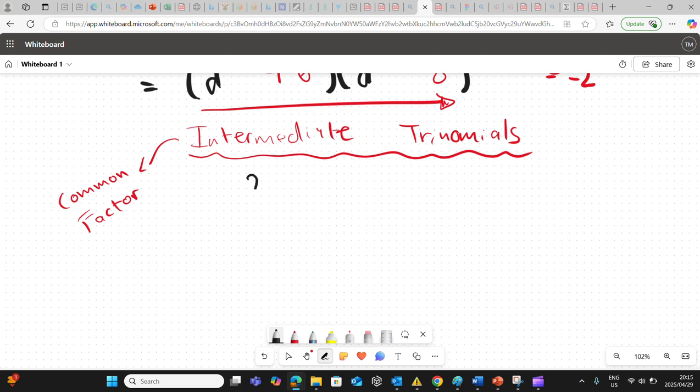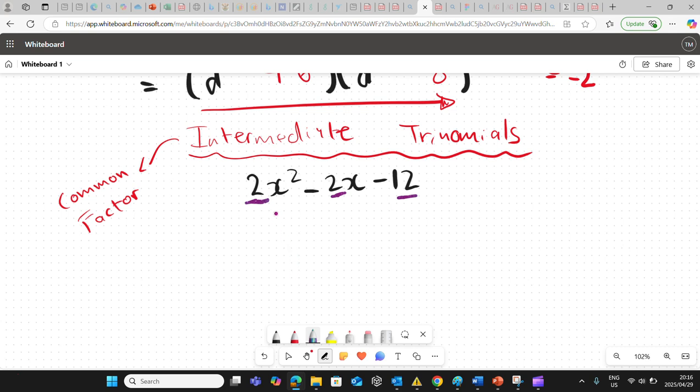What if we have 2x squared minus 2x minus 12? We should all be able to clearly see that the 2 there, the 2 there, and the 12 here all have a common factor.